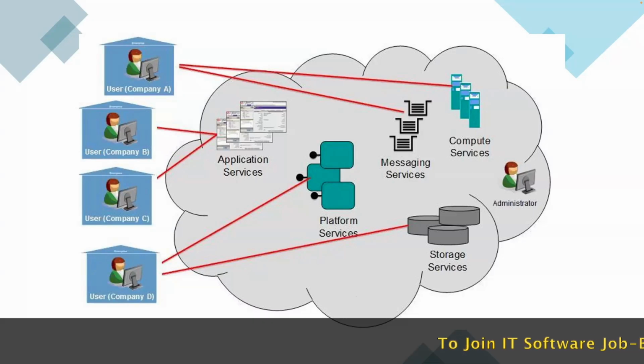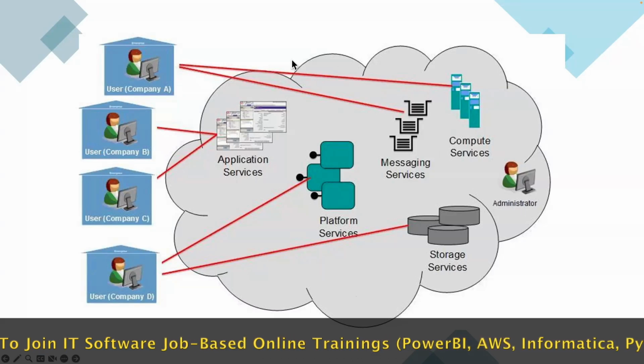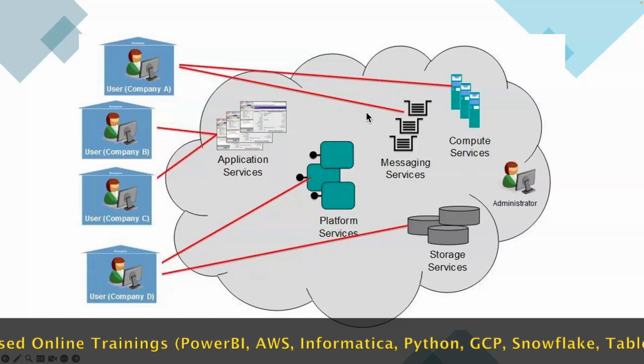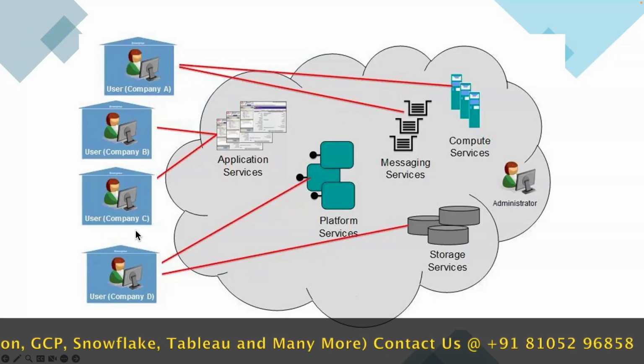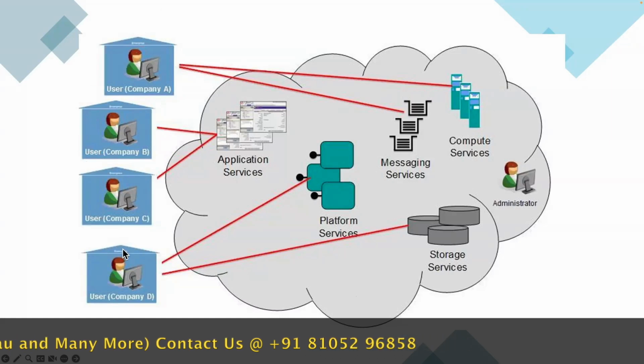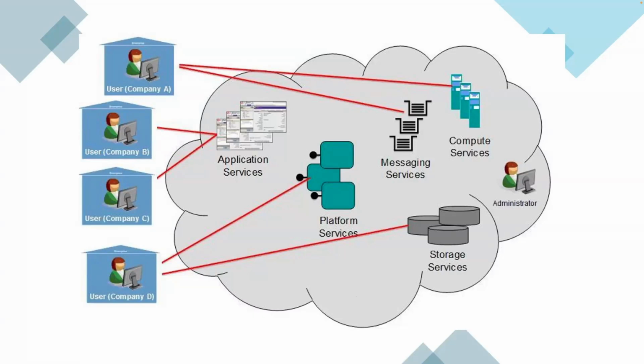One third party organization keeps all the infrastructure requirements, in one or more data centers, and different organizations, company A, B, C, D, can host their applications. Just like we discussed, there will be a cloud provider, and I'll be hosting my application. If you have an organization, you can host your application in the same cloud provider.